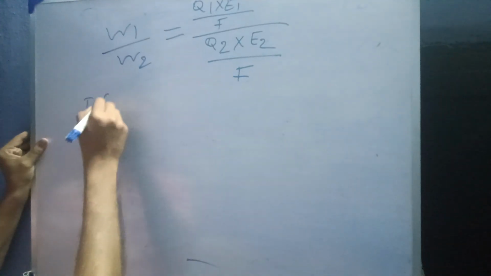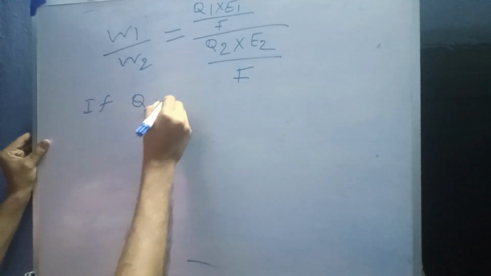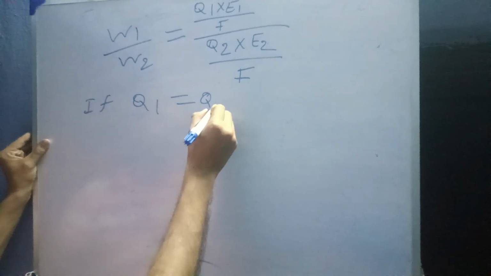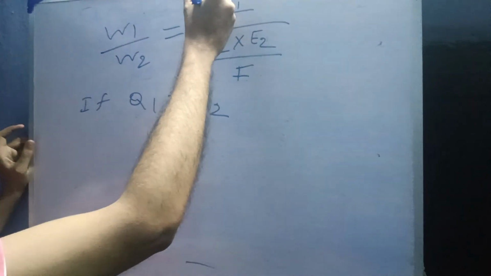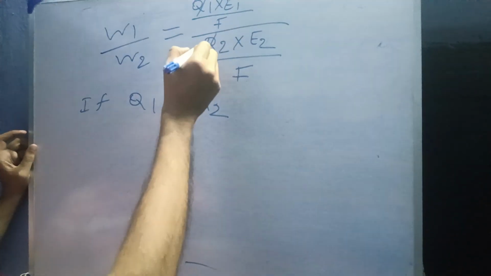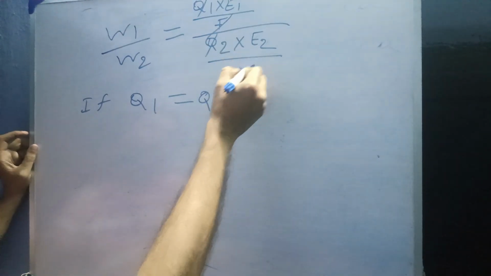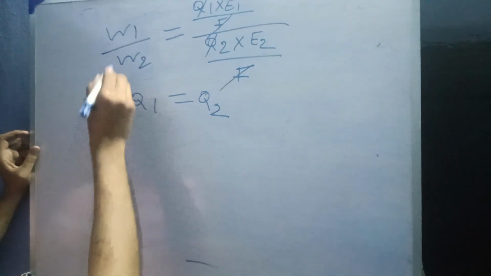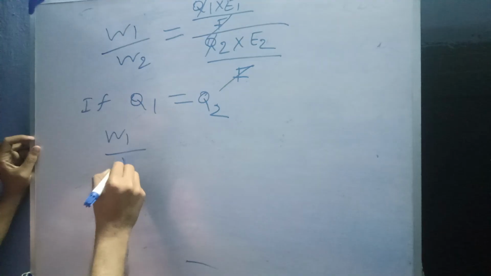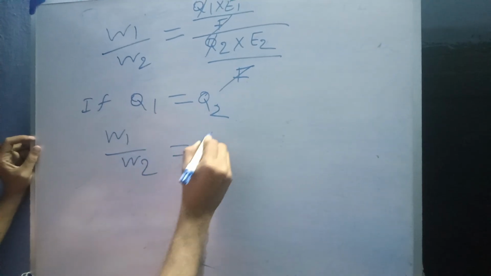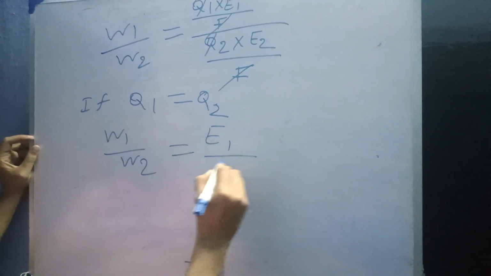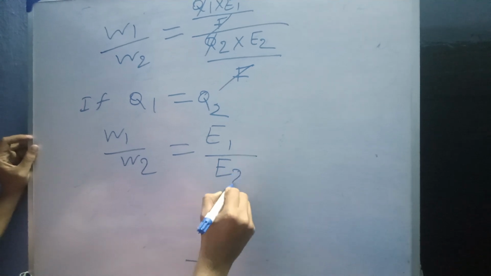Now if Q1 is equal to Q2, then we can cancel Q1 and Q2, and F is also cancelled. Then W1 by W2 is equal to E1 by E2.